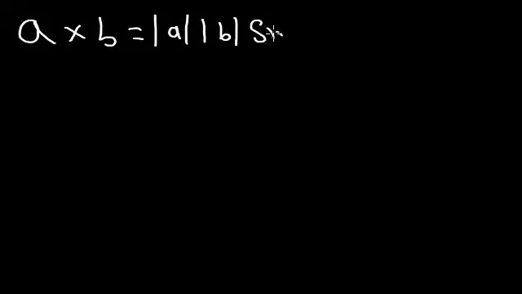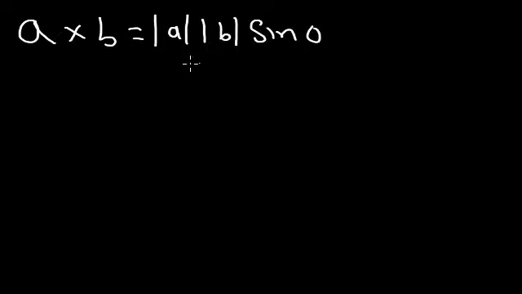If A and B are vectors, if A and B are parallel to each other, then what will be their cross product? Their cross product will be the magnitude of A multiplied by magnitude of B, then the sine of 0. When two vectors are parallel to each other, the angle subtended by those vectors will be 0 because there won't be an angle between them.